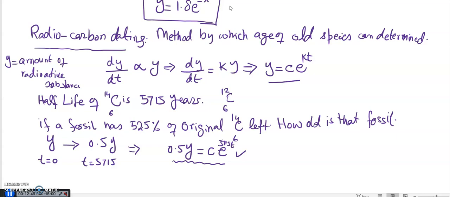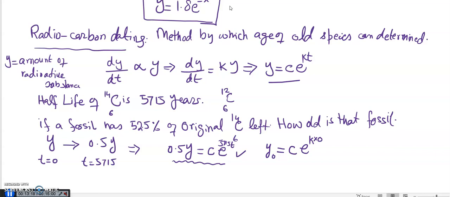We know that at time t equal to 0, the value will be the initial value. So let's take that the initial value was y0, which is another unknown. So y0 is equal to C into e power k times 0.